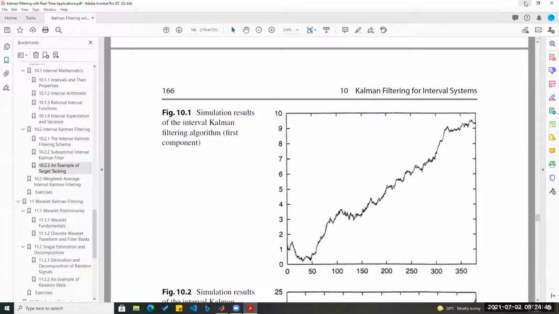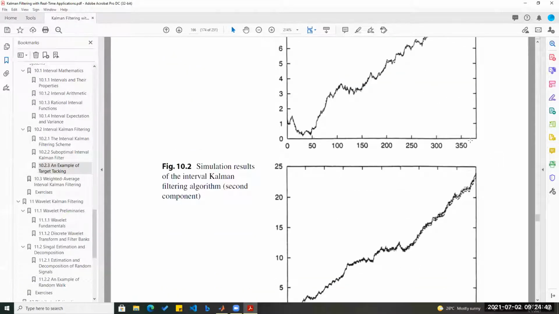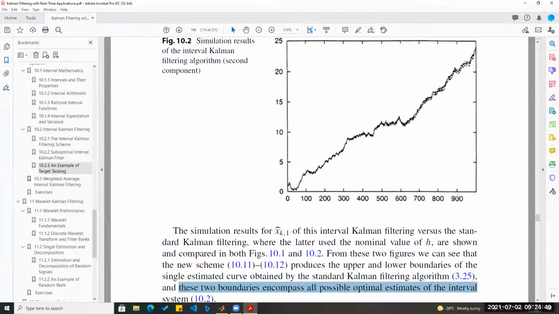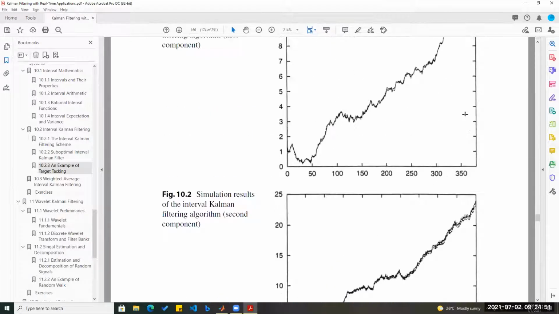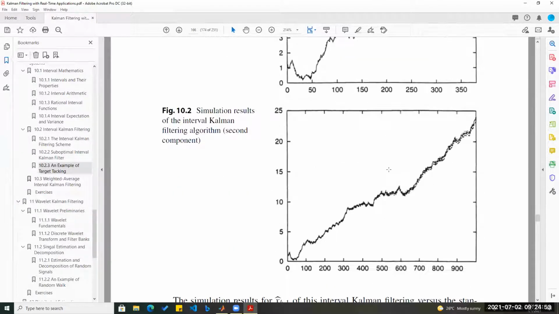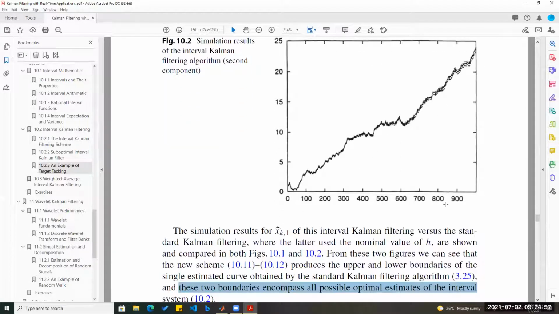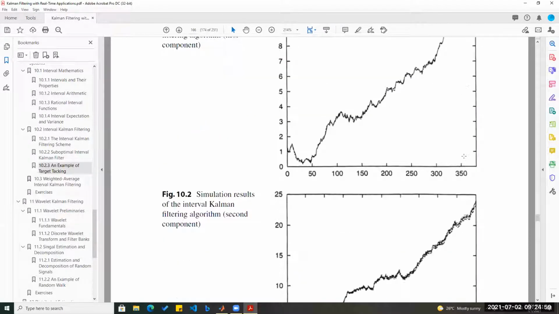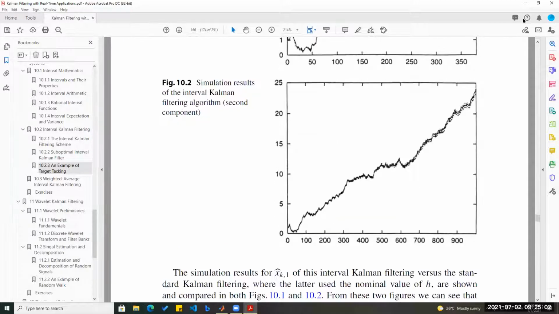Okay, so I think you may wonder why they didn't choose the same time axis for the first state and the second state.